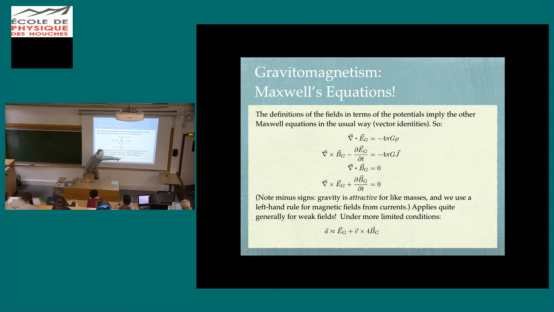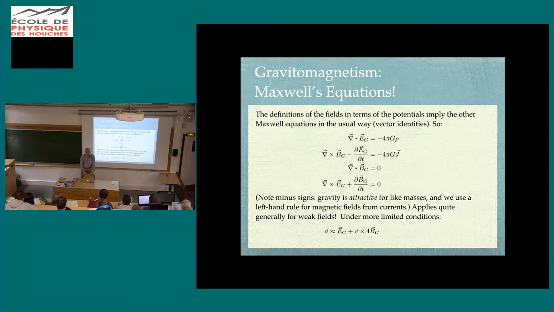So, you'll also note the factor 4 here. That's just the difference between gravity and electricity and magnetism. That magnetic field, as I've defined it, counts 4 times as much. Okay? But this means that all your electricity and magnetism intuition works.